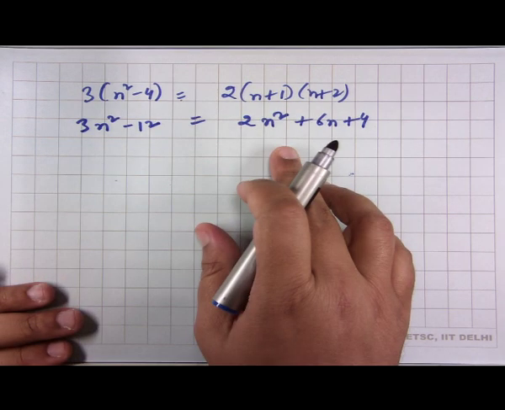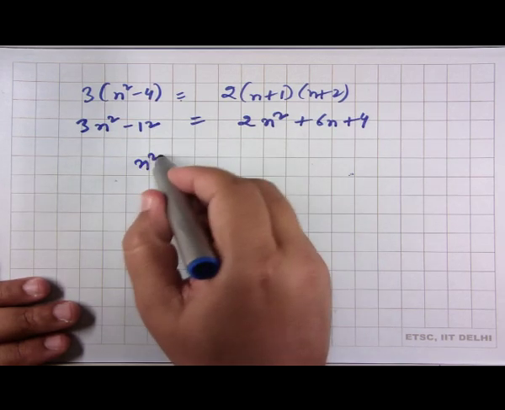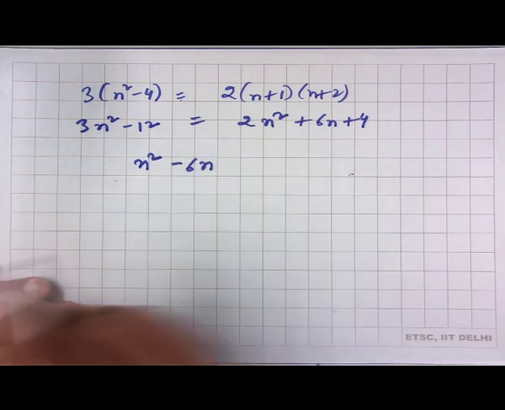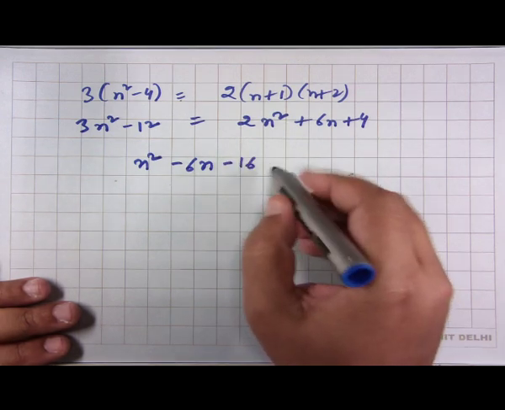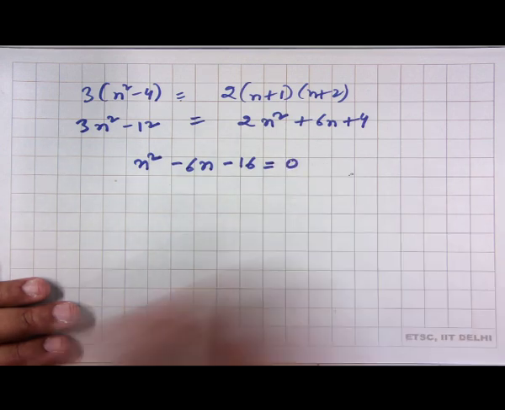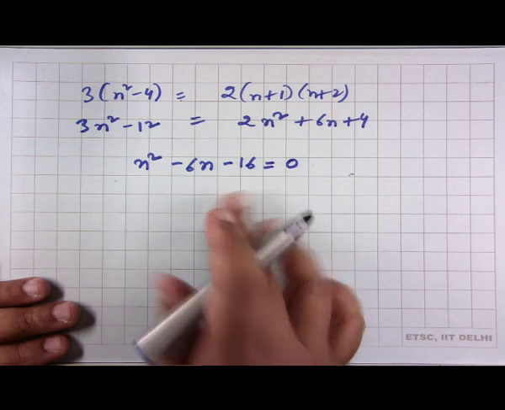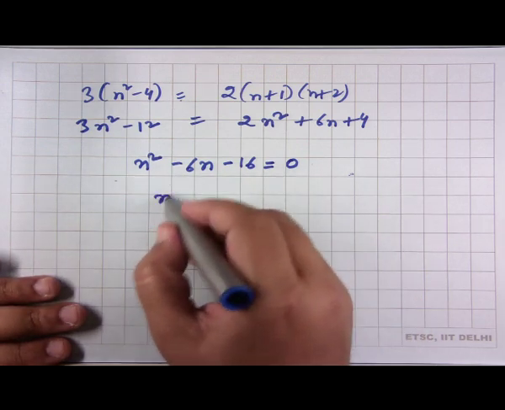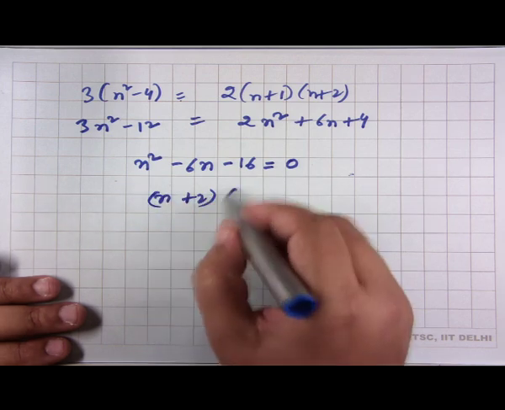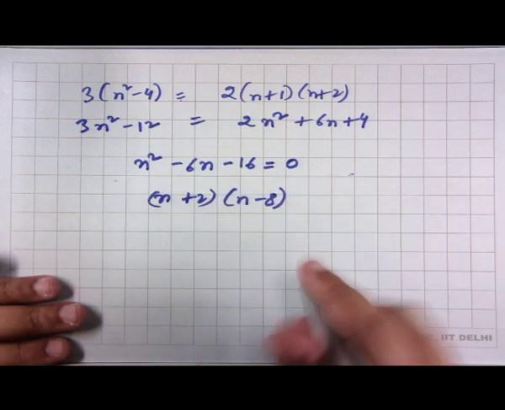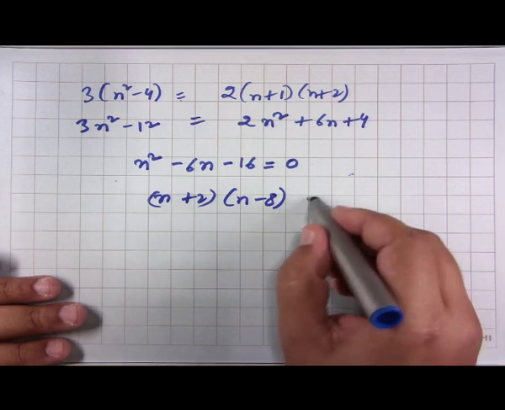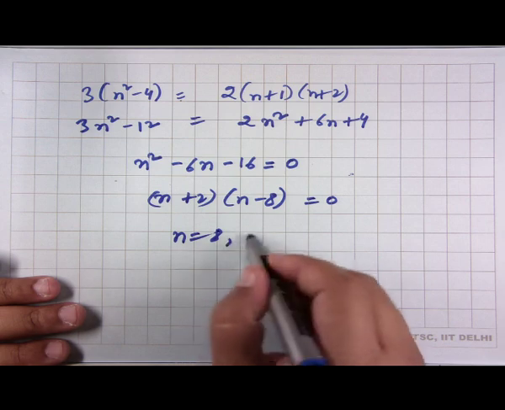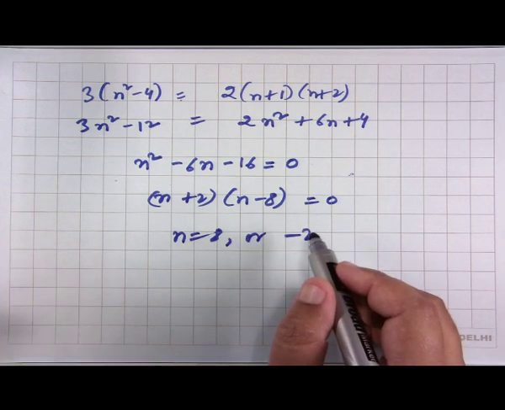By rearranging all of this we get n square minus 6n minus 16 is equal to 0, and this can be written as (n plus 2) into (n minus 8). So, we can factor it out equal to 0. From here it follows that n is either 8 or minus 2.